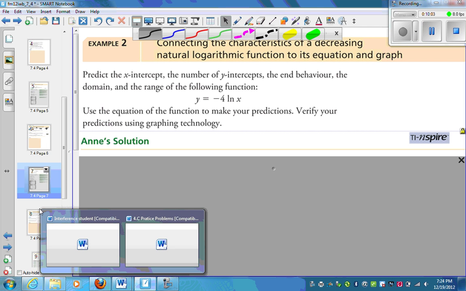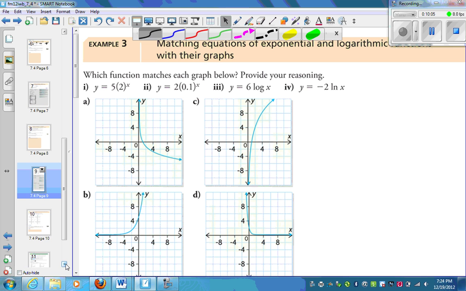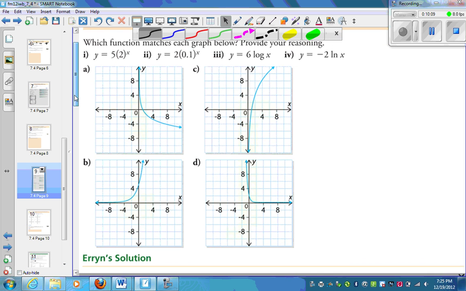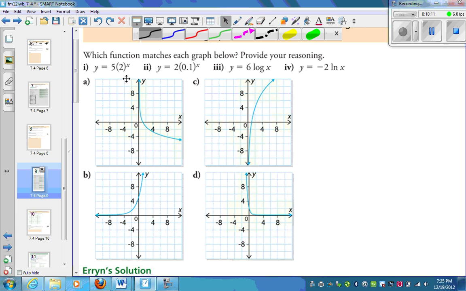Okay, I want to skip ahead to one of the questions. Let's see if I can find it. Oh, where we match. Okay, so match each graph. Here we have something exponential, exponential, and then those logarithmics. If we remember, exponentials cross the y-axis. So these are going to be our exponentials. And we know our y-intercept. This one is 2, and this one's maybe 5. So remember, that's that value of a.